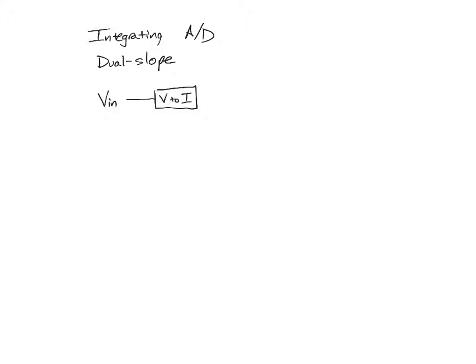And then what you do is you take that current that comes out of here, proportional to your input voltage, right? And you have a switch. And that switch goes over here and charges a capacitor, which is grounded on the other side. So what you do is you charge up that capacitor for a little while, and so let's draw that.